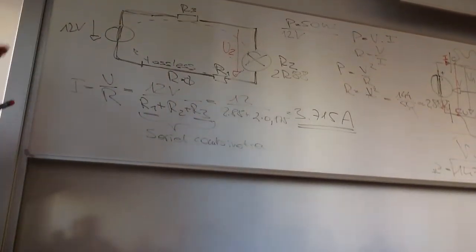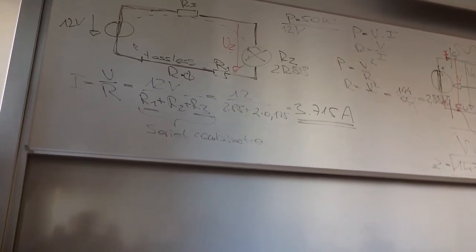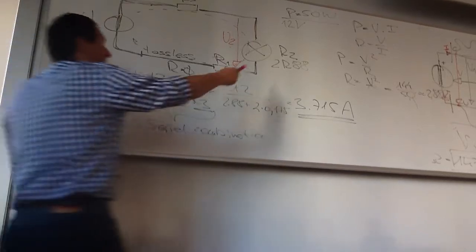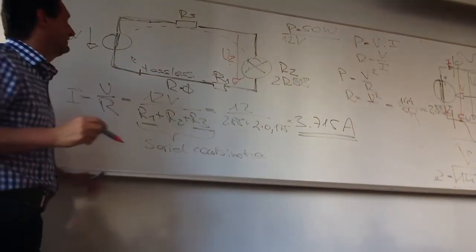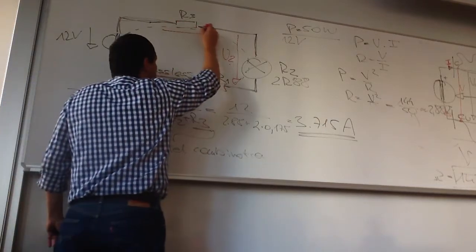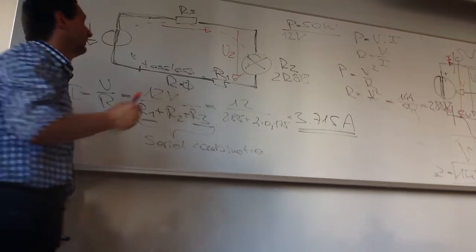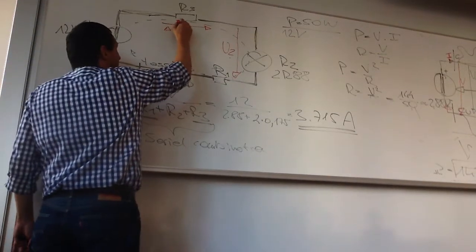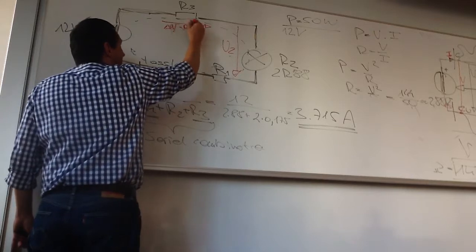What we can know is that at every resistance we have a voltage drop. The voltage drop, let's say delta V, not U, is R times I.